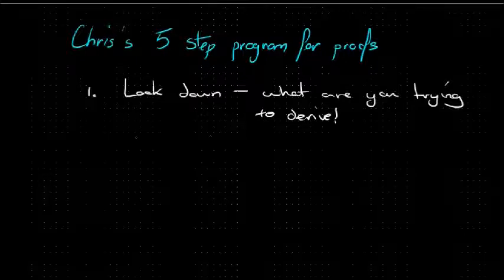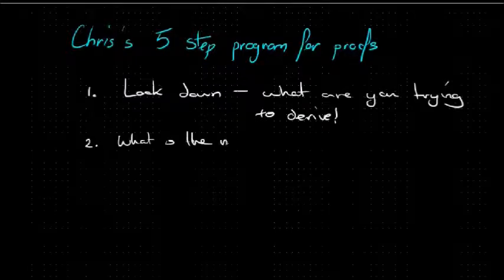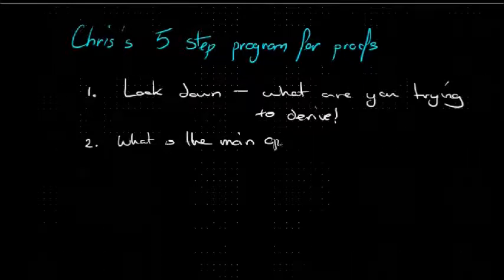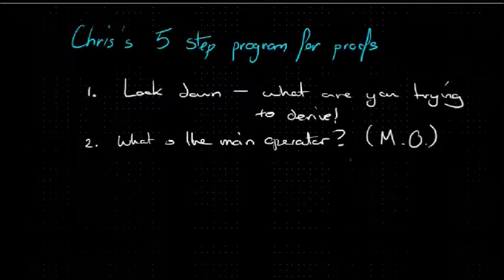So look down and work that out. What is it we're trying to derive? Number 2, what is the main operator, or the MO, let's call it? So what is the main operator of that formula we're trying to derive? Just ascertain that.